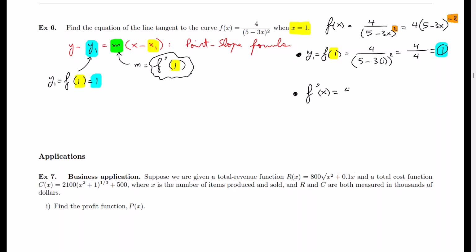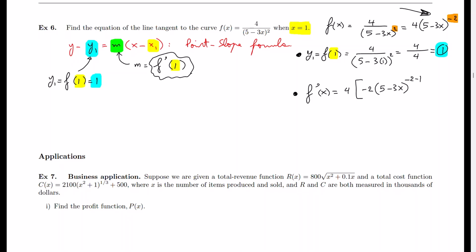So the 4 is just going to hang out and go for the ride. The base is 5 minus 3x and the power is negative 2. So the negative 2 comes down. The base stays there for a moment, and we subtract 1 from the existing power. The existing power used to be negative 2, and I'm subtracting 1.